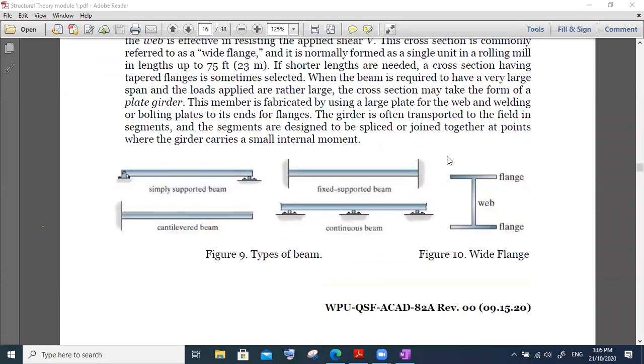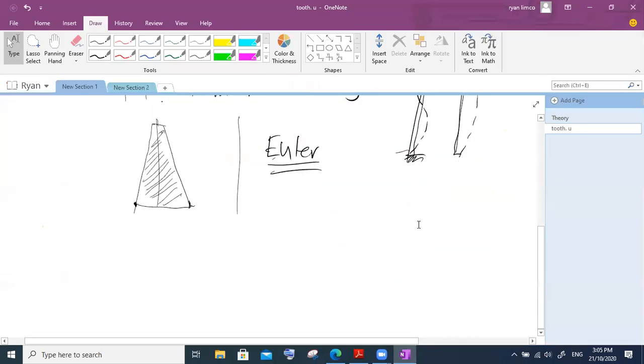Kung titingnan natin, usually kasi yung take tayo ng example ha. Kung gusto mo tumawid sa tulay, actually nakwenta ko na to dun sa ano natin, sa may shear moment diagram. Kung gusto mo tumawid sa tulay na ganyan kanipis, maliit lang, manipis lang.